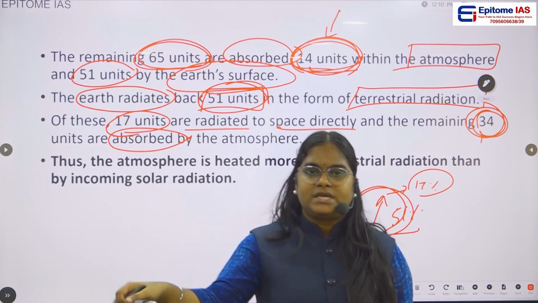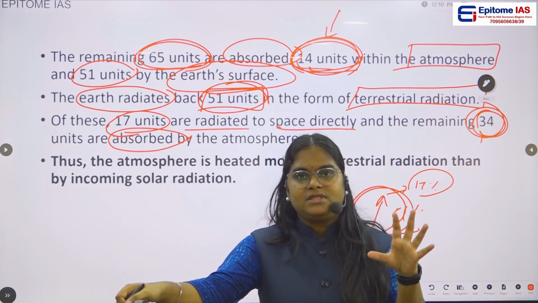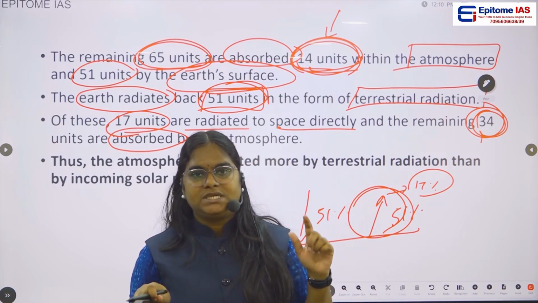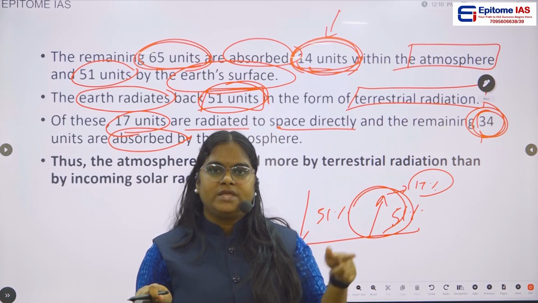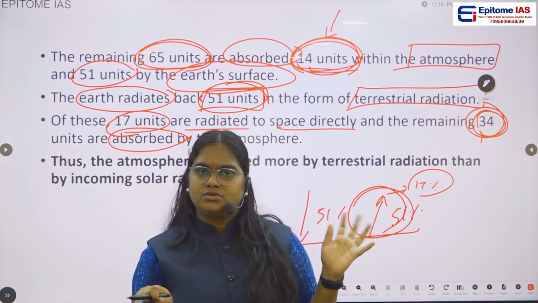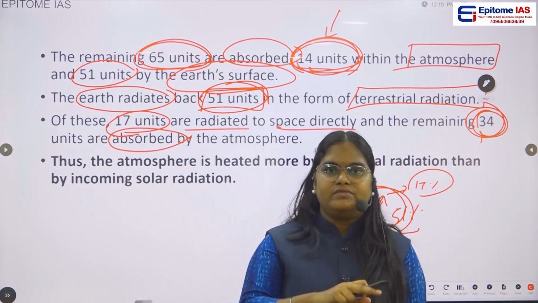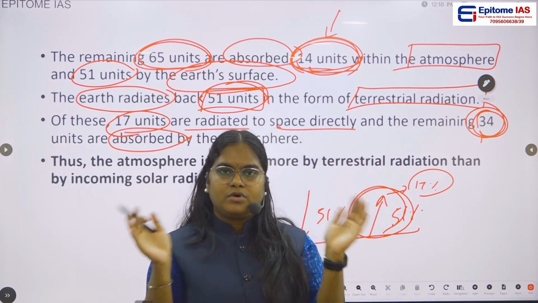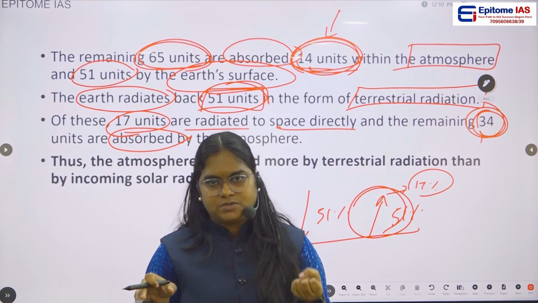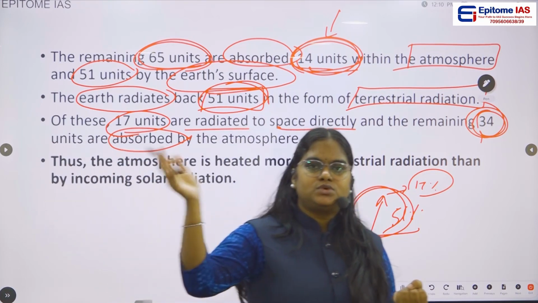That's why in the first statement, they have given that the incoming solar radiation heats the atmosphere more compared to the terrestrial radiation. No, that's wrong, because it's the other way. The terrestrial radiation heats the atmosphere more because of the absorption compared to the solar radiation.